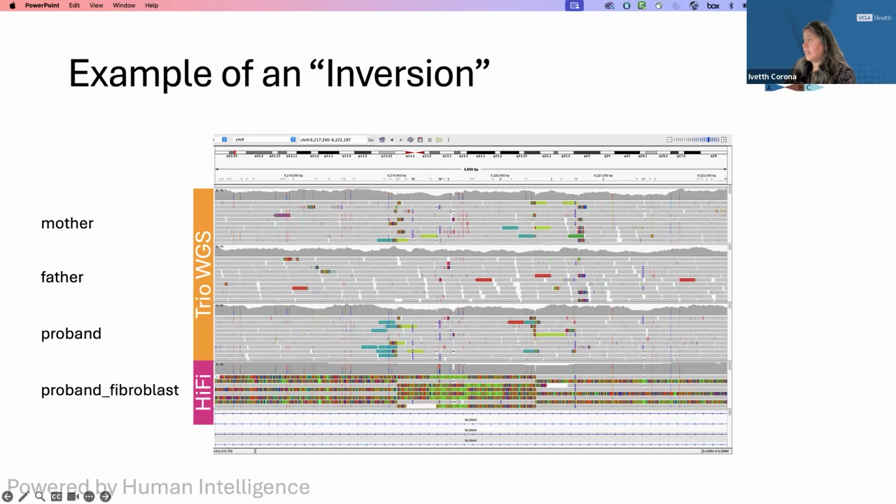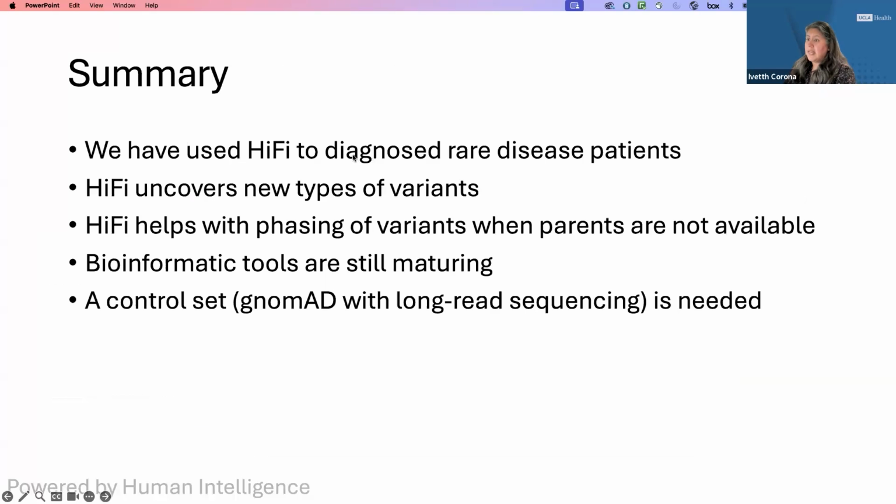SVTopo was able to help me understand that what looks messy was actually an inversion. So the reference is ABC, and the alternate is ABC, but B is inverted. And then in summary, we have used this technology to diagnose rare disease patients.